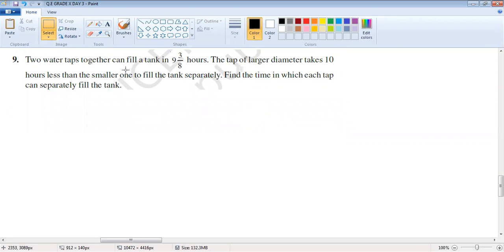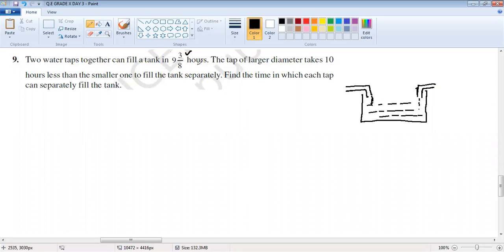Two water tanks together can fill a tank in 9 3/8 hours. Okay, two water taps. So let us take one tank. Now through this pipe, water is flowing inside.